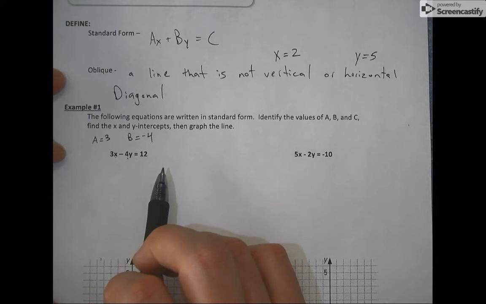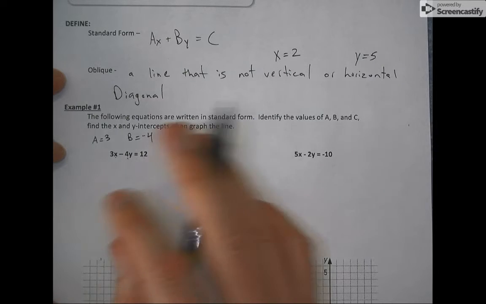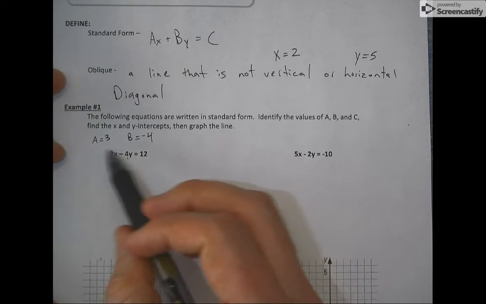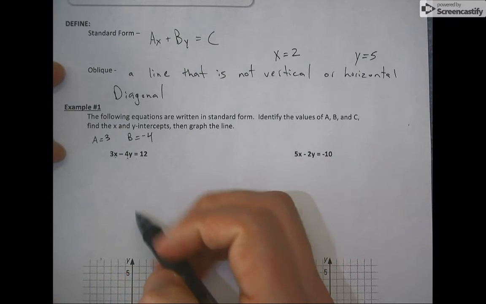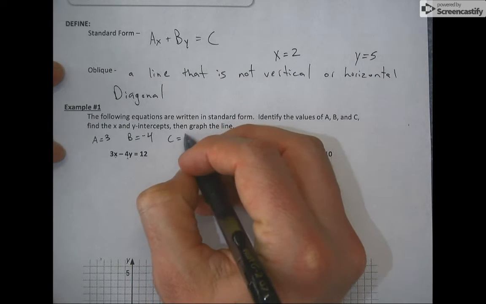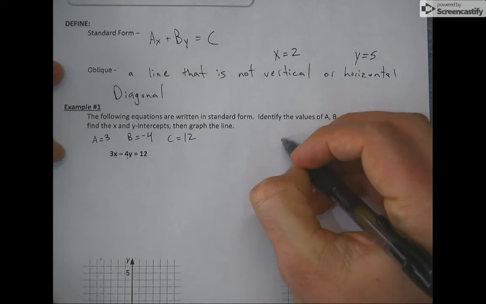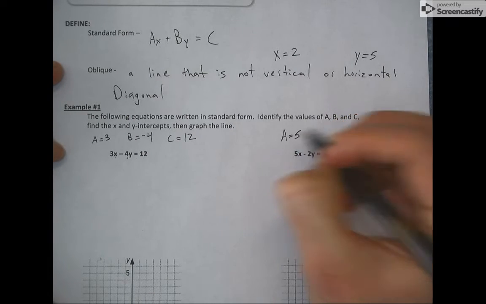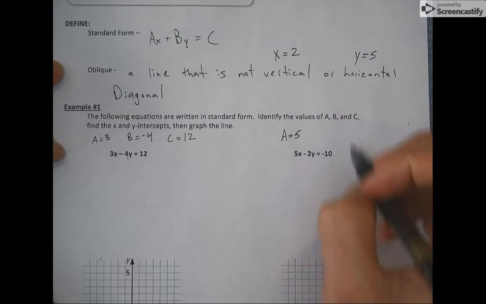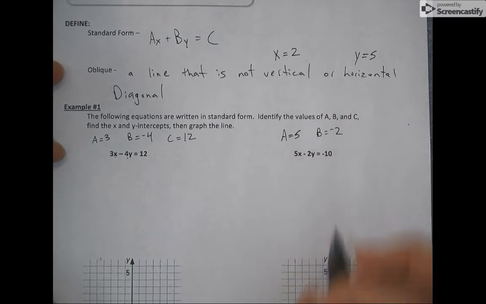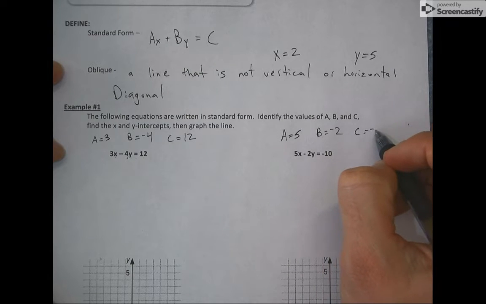And then if there's an extra number, which we've usually turned into part of our y-intercept when we rearrange this, that number is going to be by itself. So c equals 12. If we slide over to this one, the a is 5. Again, we have a minus here, so the b is -2, and my c is -10.